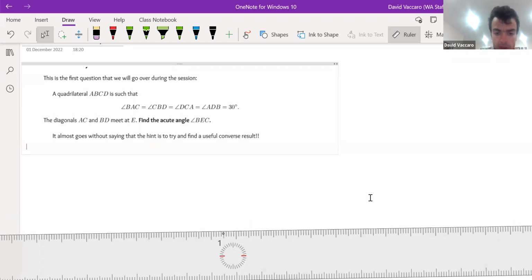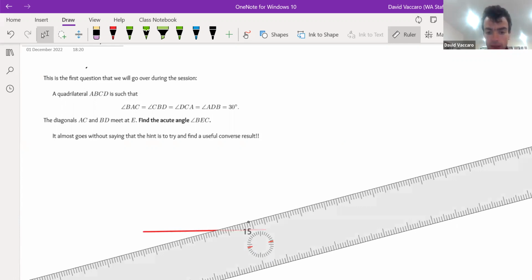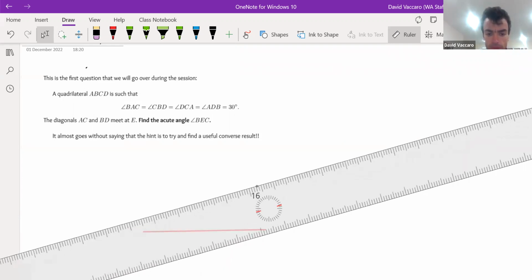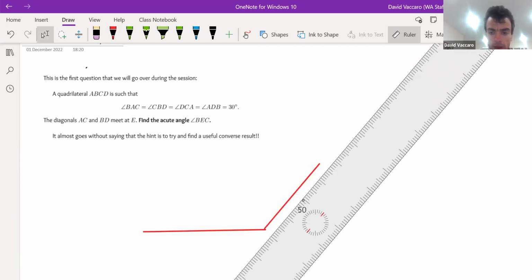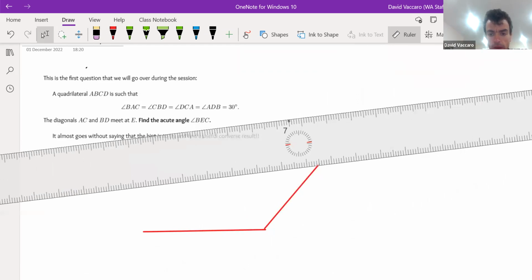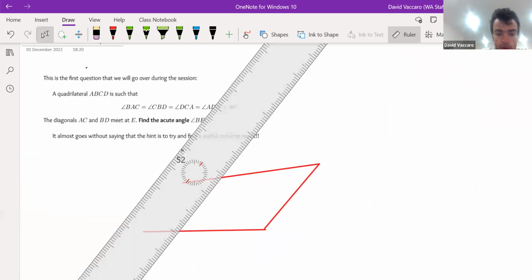So I'm going to get my ruler out, and I'm just going to draw a quadrilateral, and it says A, B, C, and let's do 4 sides.